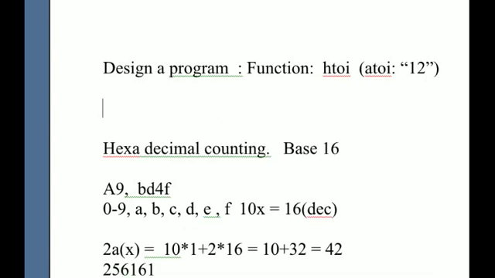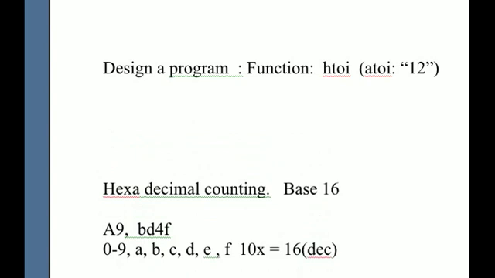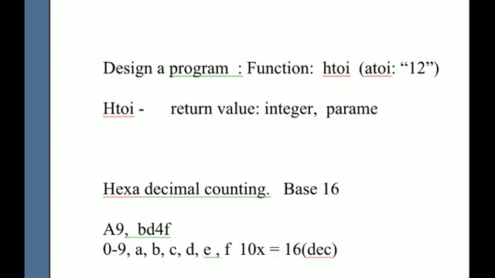So now we want to create a new function that C doesn't have, and that function will be called h to I, and the specification for this function are going to be return value, integer, and parameter is also integer.